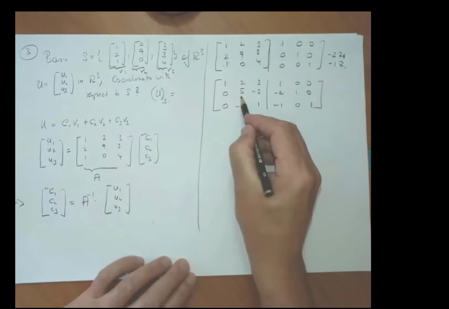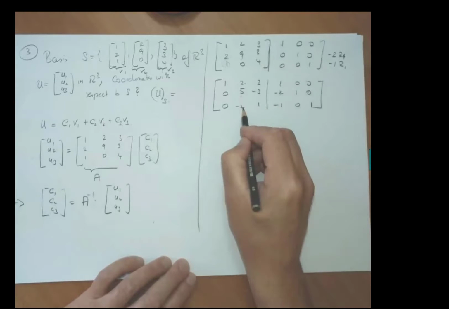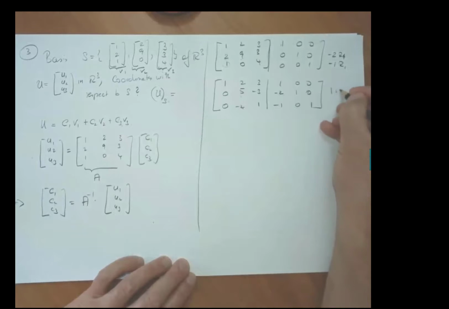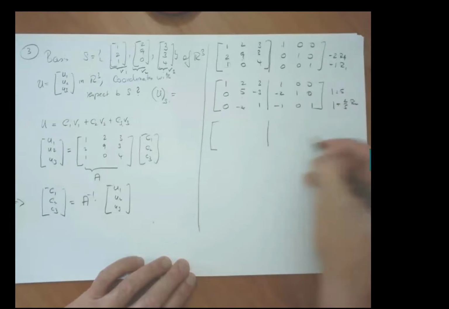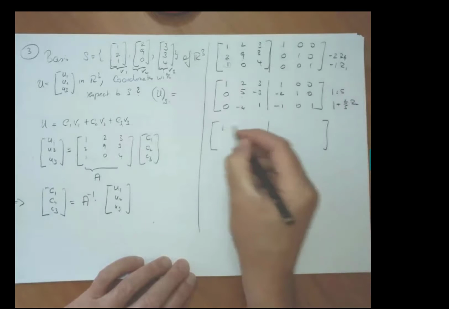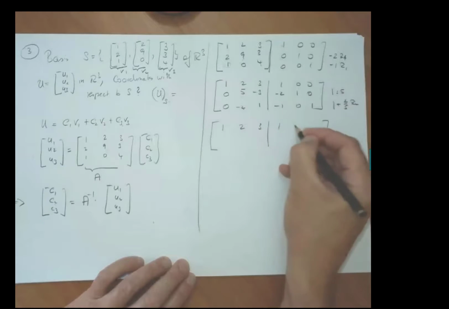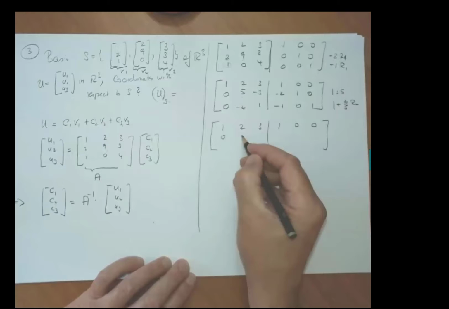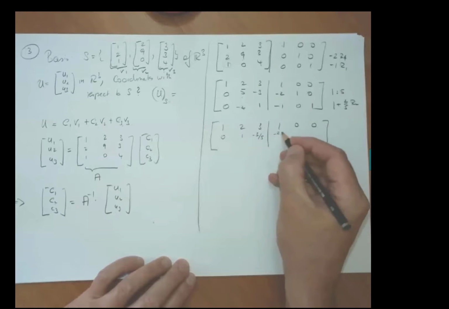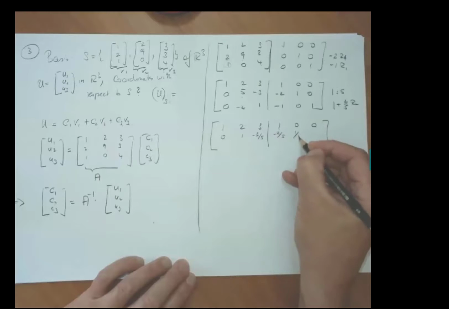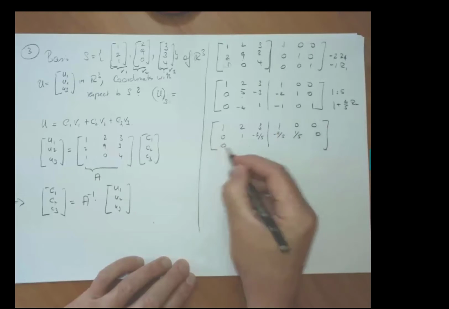Then we have to make a 1 here and eliminate this. So this equation I divide by 5, and to this equation I add 2/5 of row 2. Hopefully I can do this also in my head. So we have 1, 2, 3, 1, 0, 0, 0, 1, minus 3/5, minus 2/5, 1/5, 0, 0, 0.